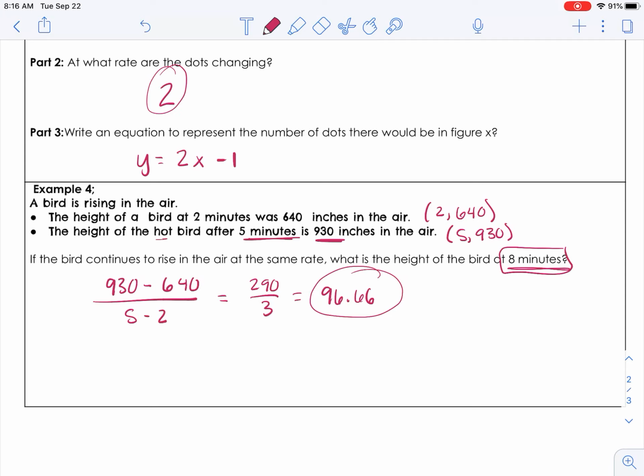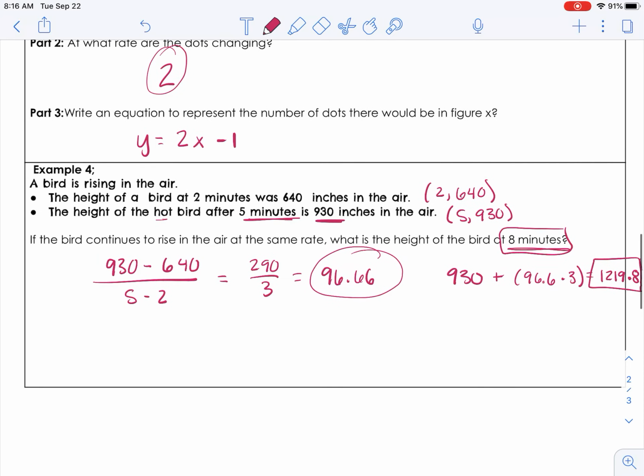So I could say 930 plus 96.6 times 3, and that's going to give me 1,219.8.